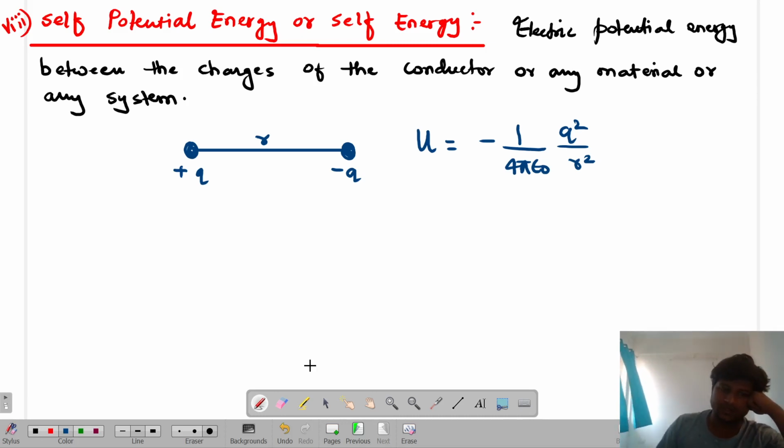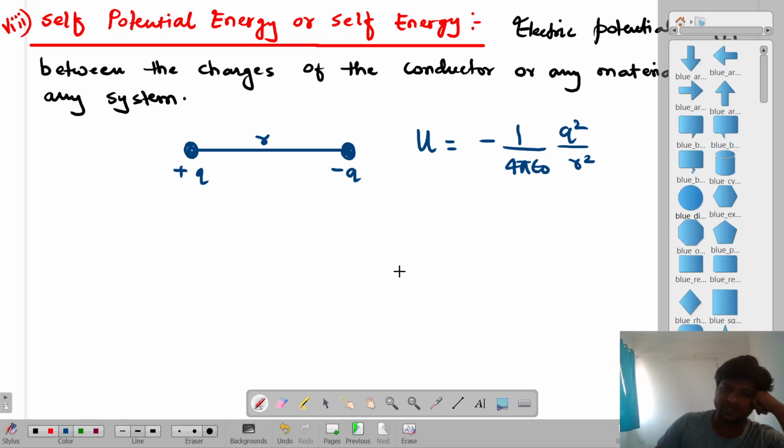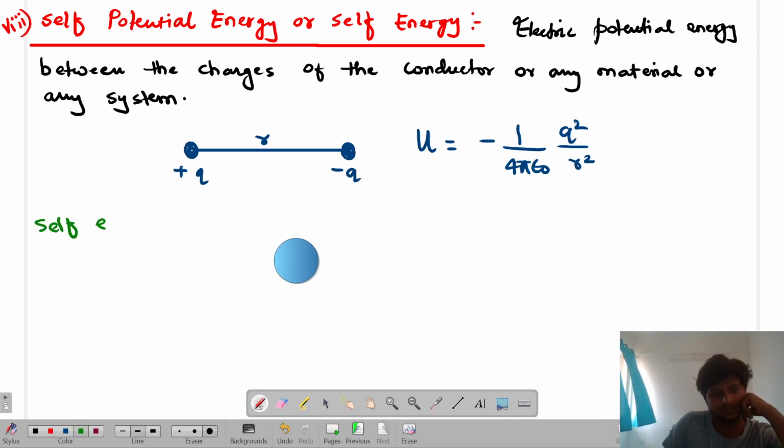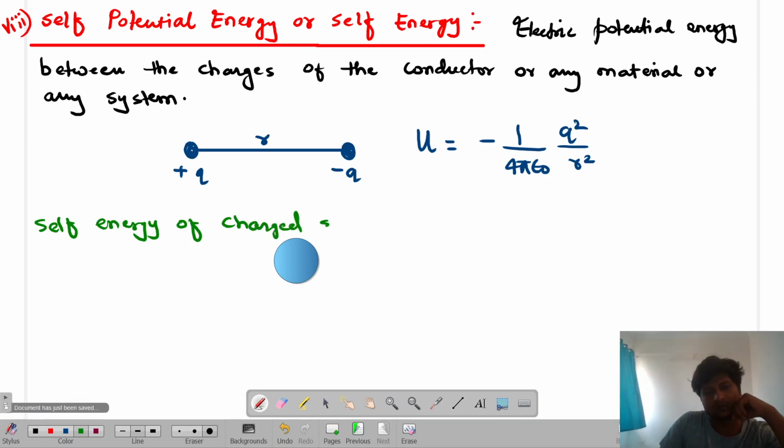So let us suppose I define this self potential energy for some objects. So first case, since we studied a sphere: self energy of a charged sphere.